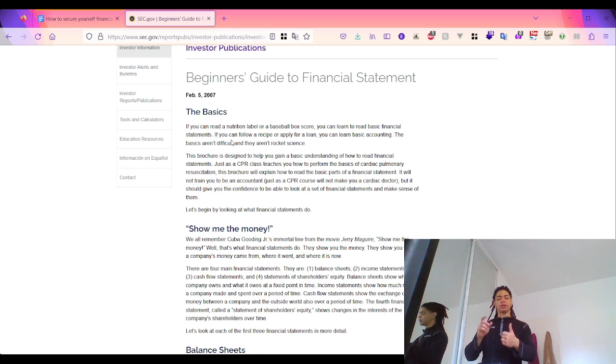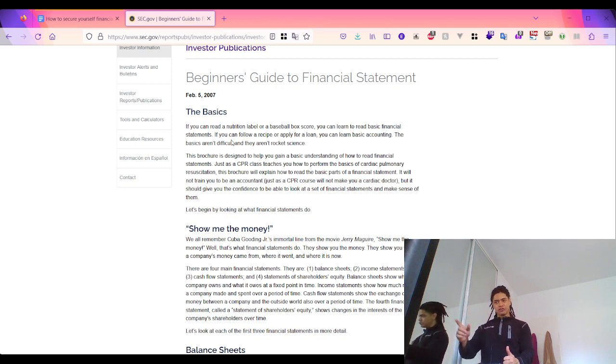So the first financial statement is the balance sheet. The short summary is a snapshot of the company's assets, liabilities, and shareholders' equity, where assets are anything that a company owns that has value, whether tangible or intangible.